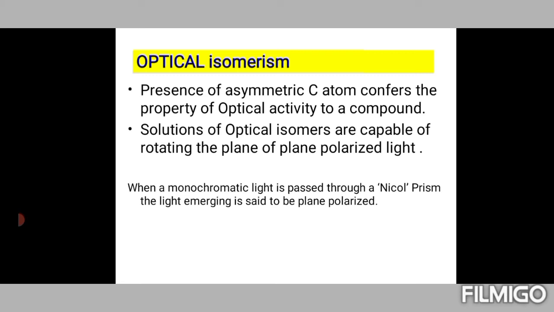Now, light is an electromagnetic wave basically and can radiate in different planes. And if a filter like a Nicol prism is placed in the path of such light, the light emerging is said to be plane polarized light.